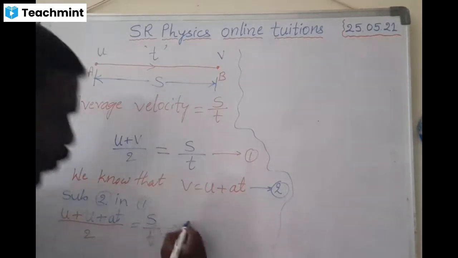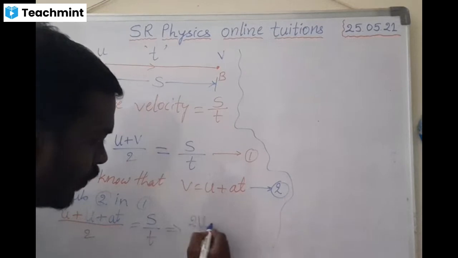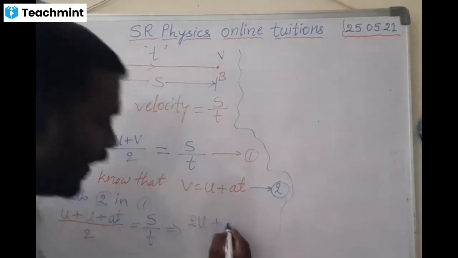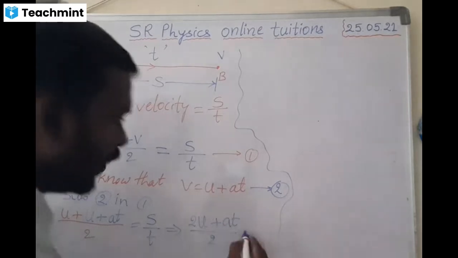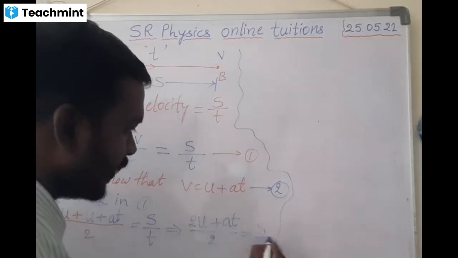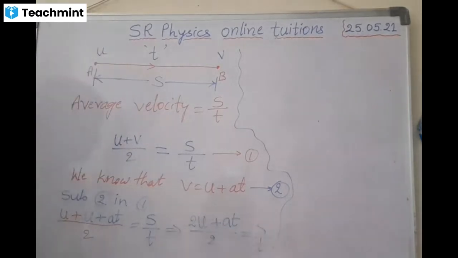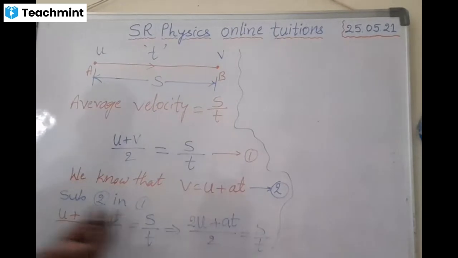U plus U, 2U, it will become 2U plus AT by 2 is equal to S by T.